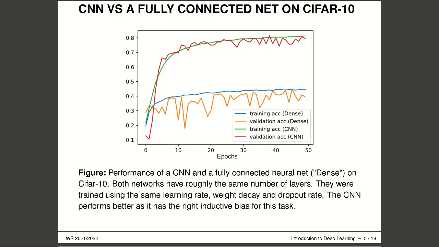We consider a similar learning rate, weight decay, and dropout. But as you can see here, the performance of the network composed of CNN layers, with the color green for training accuracy and red for validation, is much better than the dense layers, shown in blue and orange here.